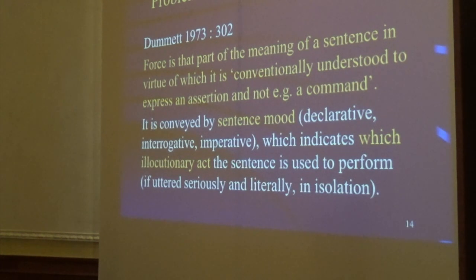And indeed, you find that sentences come in different classes. There are sentence types. There are imperative sentences, declarative sentences, interrogative sentences, and they are distinguished by the sentence mood, and what the sentence mood does is indicate which illocutionary act the sentence is used to perform when it's uttered seriously and literally in isolation.